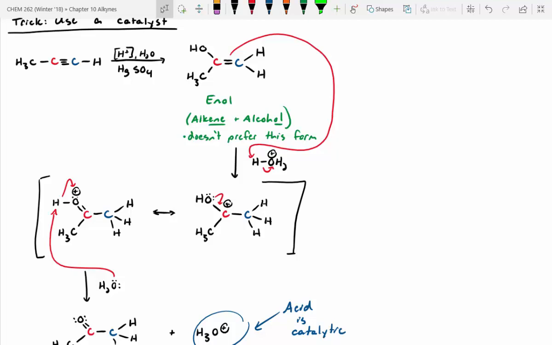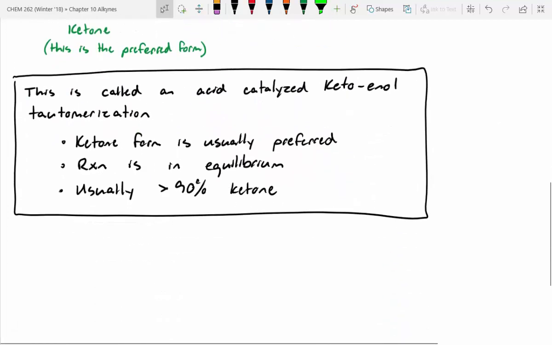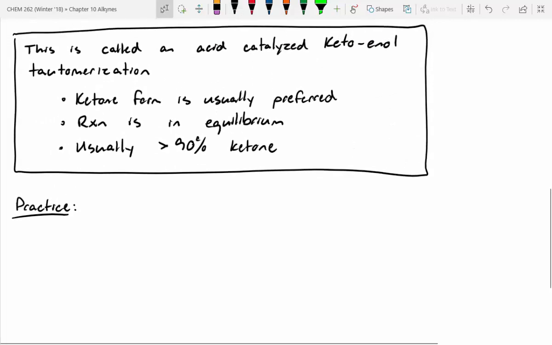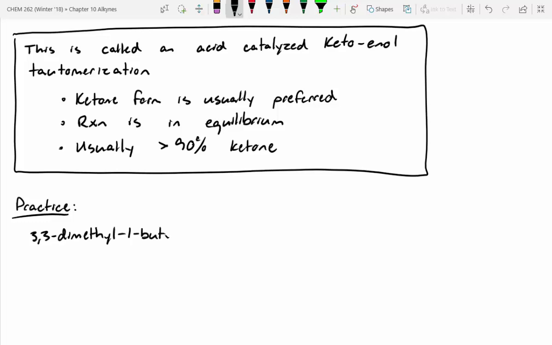All right, do you guys want to try a practice one? So for the practice one, we're taking 3,3-dimethyl-1-butyne, treated with dilute acid and mercury 2 sulfate.